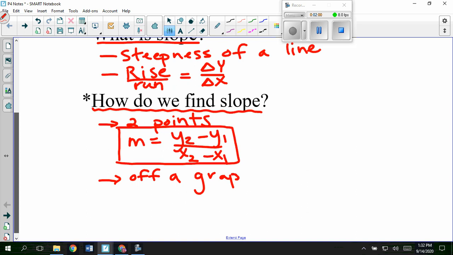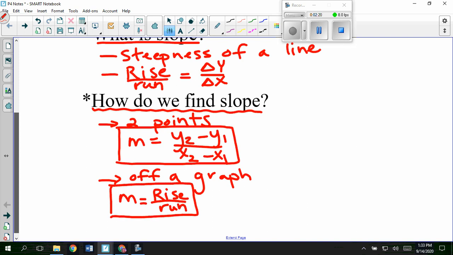And when we do have that expectation, you're certainly locating a couple of key points on the graph that you could determine a slope, and then go ahead and use just a counting rise over run in order for us to determine that case as well. So both of those are going to be fair game as far as knowledge and the ability to find slopes off of graphs and from 2 points.